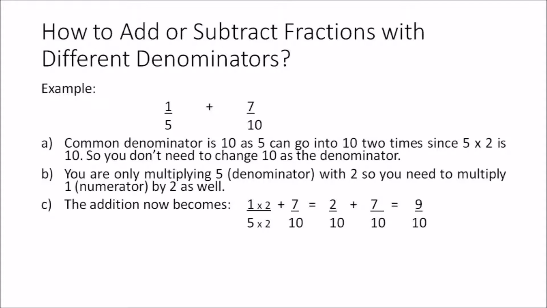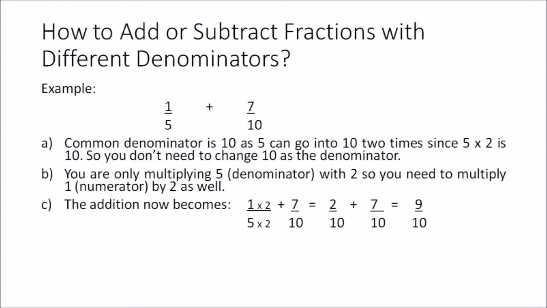1/5 plus 7/10. Again, you cannot add the fractions as they are because the denominators are different. So the common denominator is 10, obviously, as 5 can go into 10 two times, since 5 times 2 is 10. So you don't need to change 10 as the denominator, right? 7/10 remains as 7/10, but we'll need to change 1 over 5.